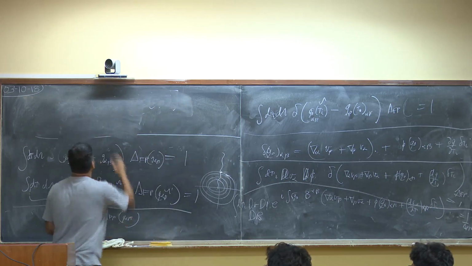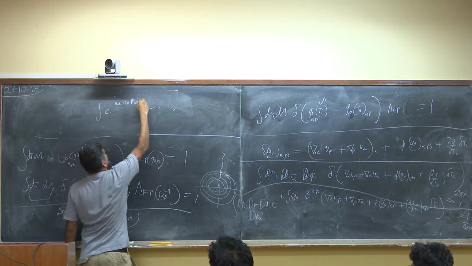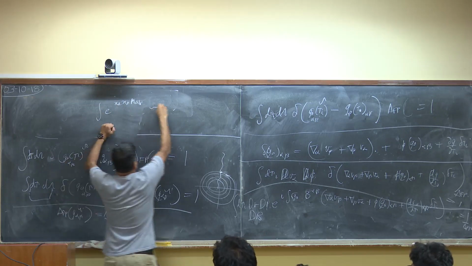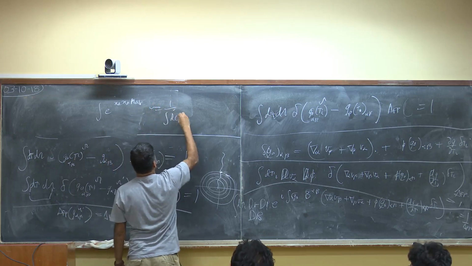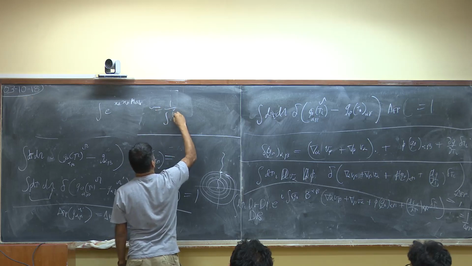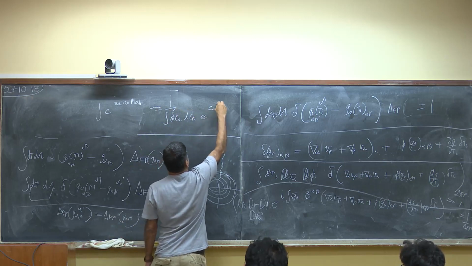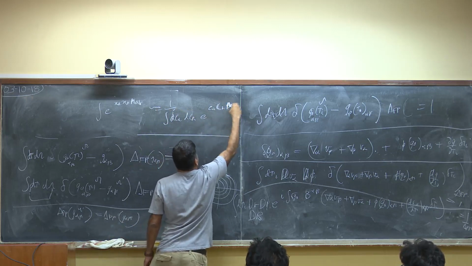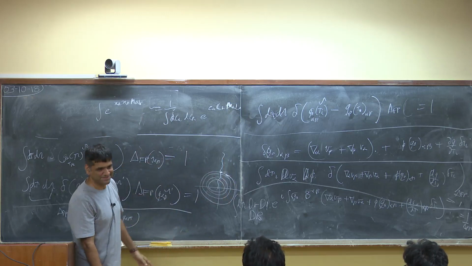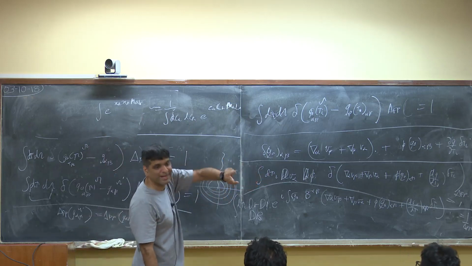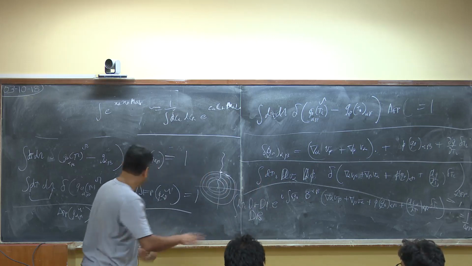I'll just tell you the algebraic identity I'll be using: if you have the integral of e to the power x_a x_b M_ab, this is equal to 1 over the integral dc_a dc_b e to the power c_a c_b M_ab, where these are anti-commuting variables. That way one of them gives you the determinant, the other gives one over the determinant. So if you want to invert a quadratic integral, just replace all bosons with fermions.